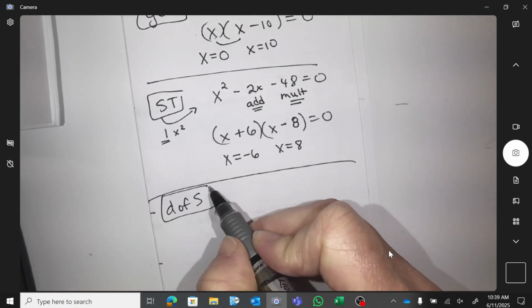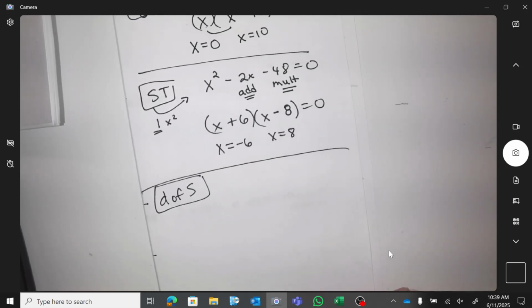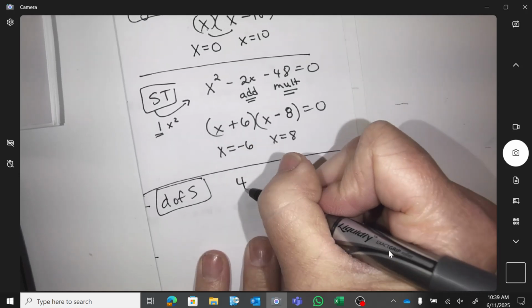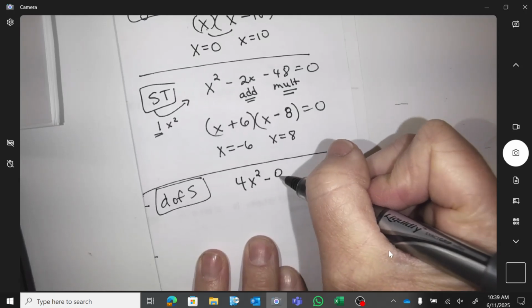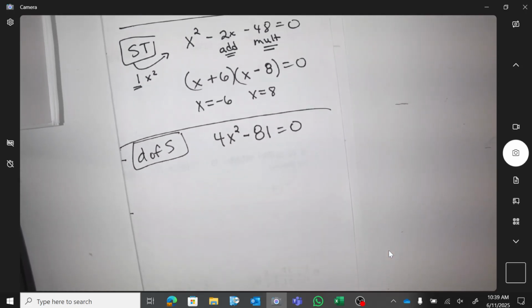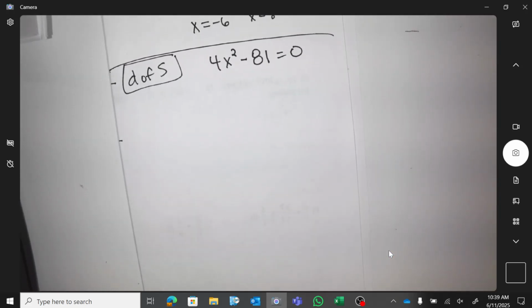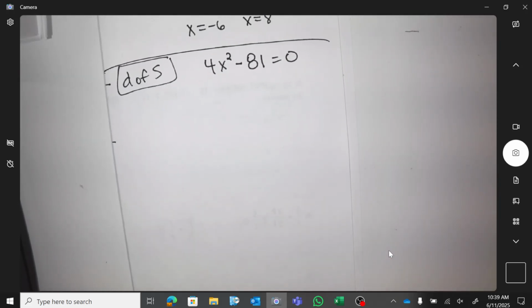I'll do the easy one next. I'll leave the hard one for last. Difference of squares. So why is it called difference? Because you're subtracting. And squares, things that are perfectly square rootable.